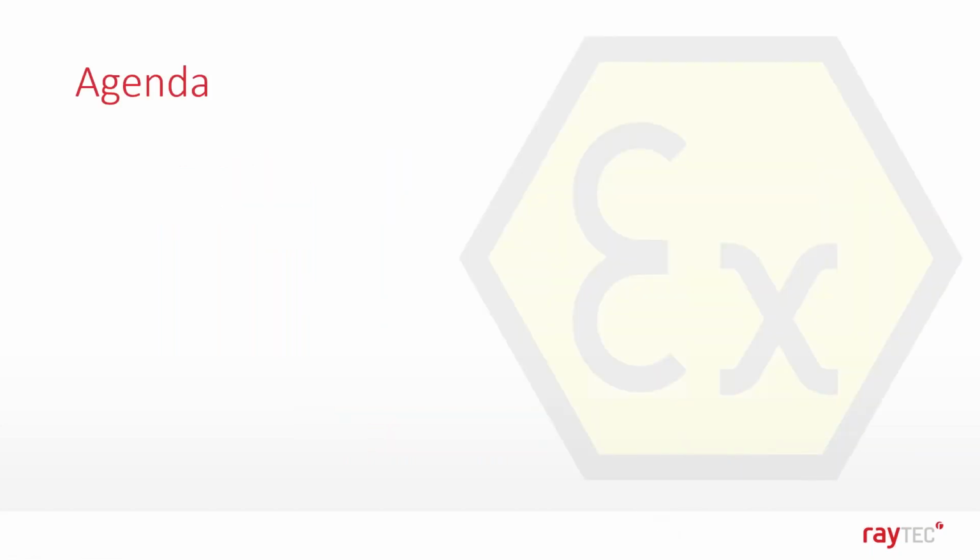Let's have a quick look at some of the topics that we're going to be covering today. We'll make a start with an overview of the two most common protection methods, the ones which we are focusing on today, namely EXE and EXD.